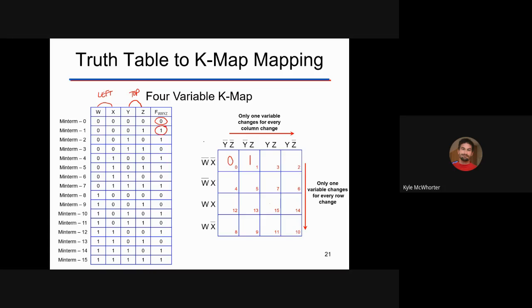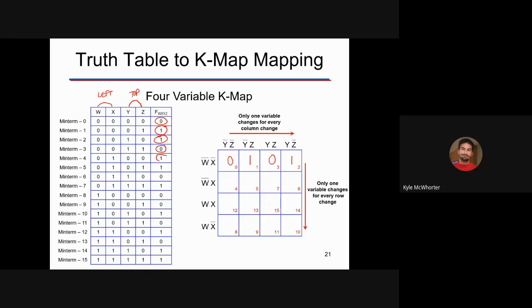This box is 0, 0, 1, 1. That is right here. So that one's a 0. This box is 0, 0, 1, 0. That is this row. So we get a 1. Down here, 0, 1, 0, 0.